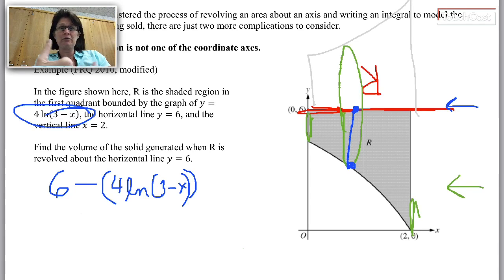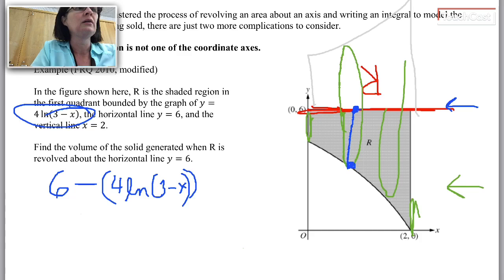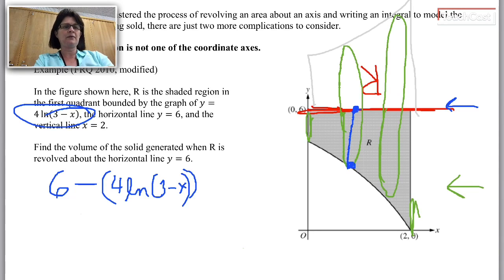Go back and write that integral that we were writing. You're going to use this for r. If you're not convinced, consider trying to draw another slice. I'm going to start my slice at the axis of revolution. I'm going to draw toward the curve I know, all the way back here. There's my slice. Now I'm going to try to draw the radius. Ideally, that's a straight line. What's the top of my radius?